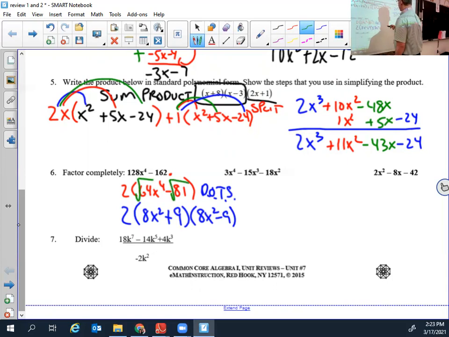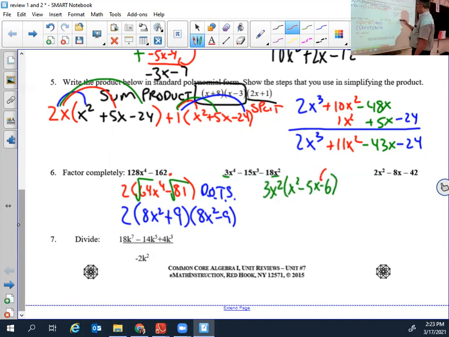Next one, I take out a 3, my leading coefficient, and the x squared at the end. So I'm going to have 3x squared, and I'm going to have x squared minus 5x minus 6. And this tells me I have a plus and a minus. This tells me the bigger one is a minus.